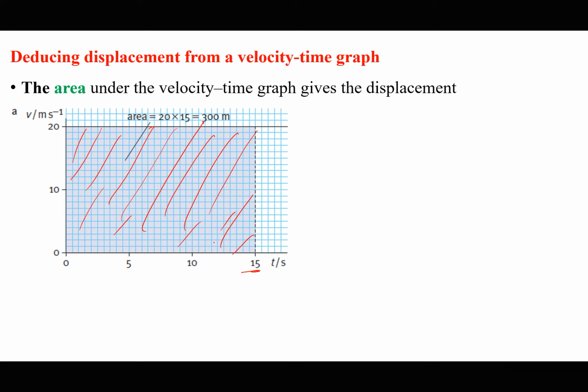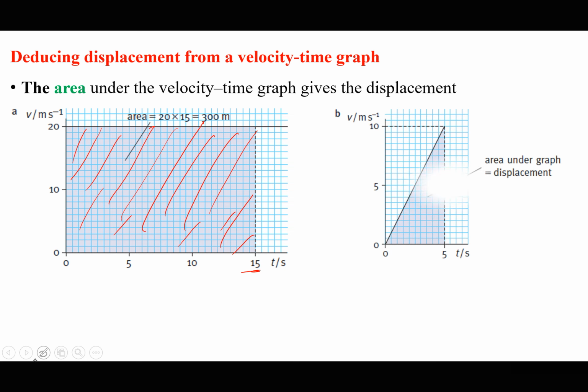Of course, because the velocity is constant, it's the same as saying velocity times time, but not in all cases will the velocity be constant. So for such an object, the displacement is going to be equal to the area under the graph.